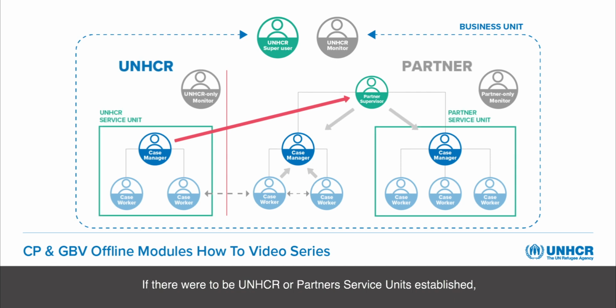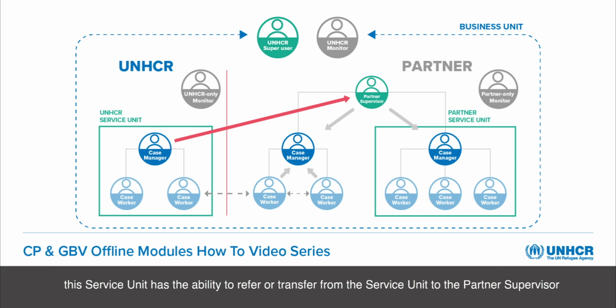If there were to be UNHCR or partner service units established, so let's say that this is the picture of a group who works at a 24-hour facility, and there are two caseworkers who alternate times, and we had a service unit here.